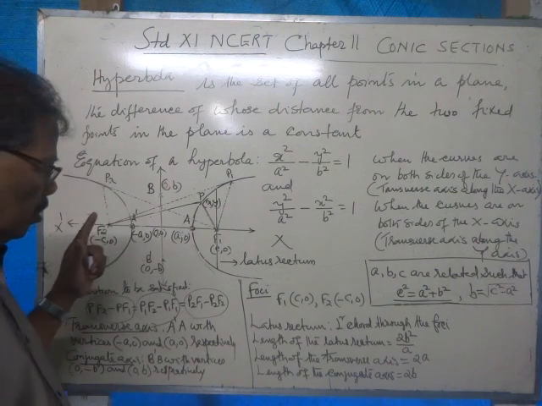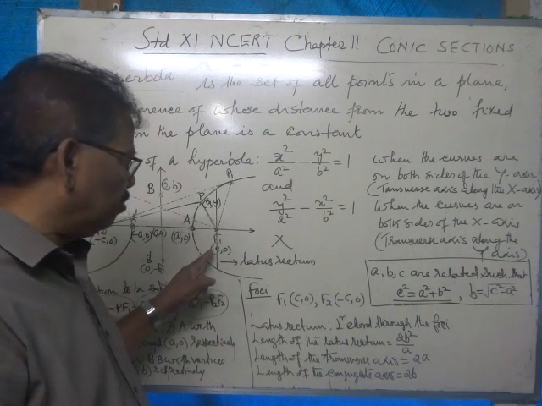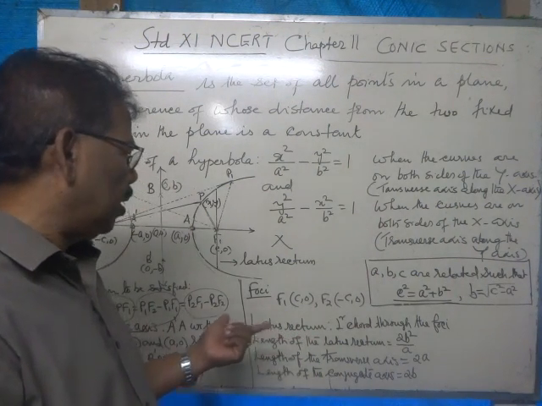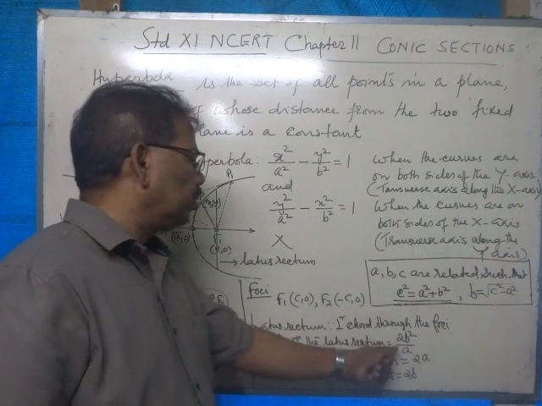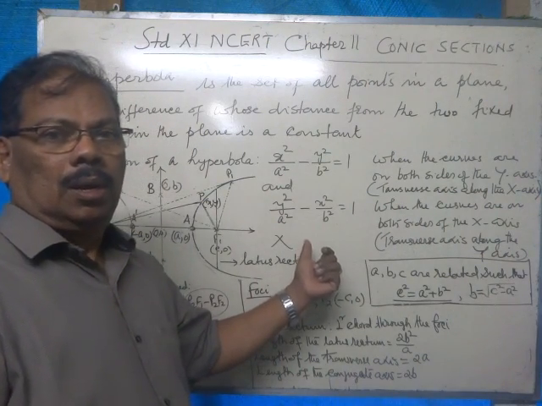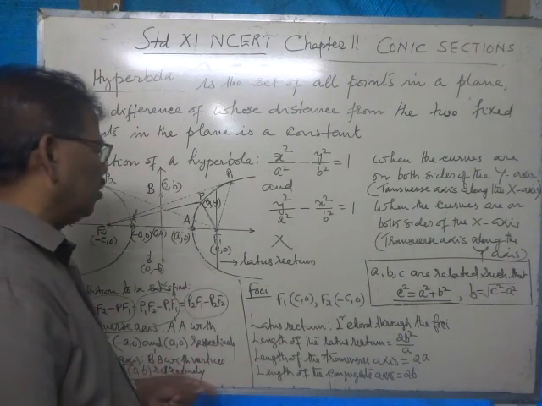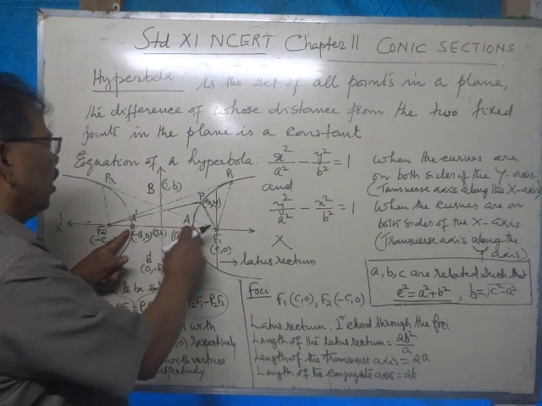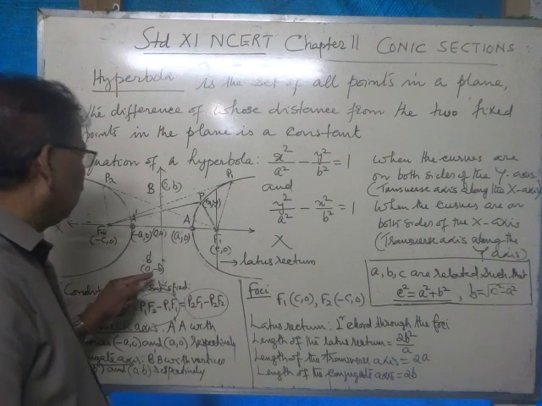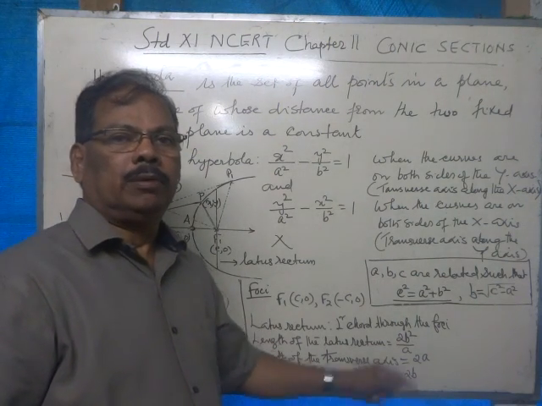Now a perpendicular chord passing through the focus is named latus rectum, as in the case of ellipse, and the length of the latus rectum is 2b squared by a, as we have worked out in ellipse. Now the length of the transverse axis, that is A'A, will be equal to a plus a, that is 2a, and the length of the conjugate axis will be equal to 2b.